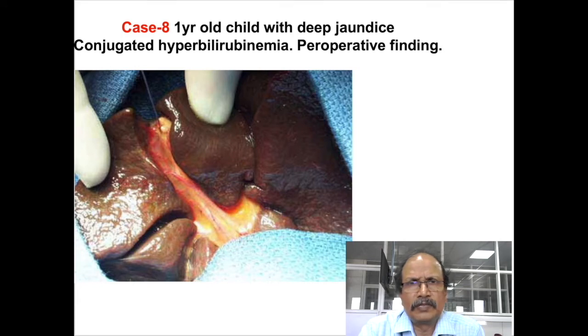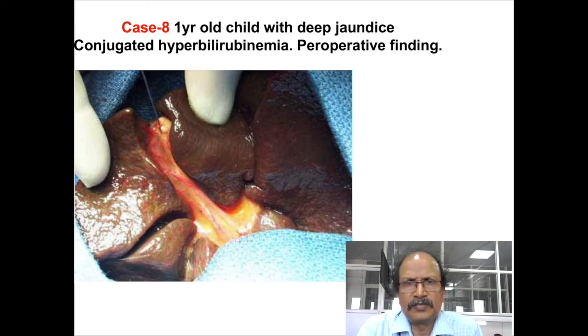So this is case 8, 1-year-old child with deep jaundice, and the LFT showed conjugated hyperbilirubinemia, and the image is taken paraoperatively. So you can see the bile duct area, which is represented by a fibrous band.